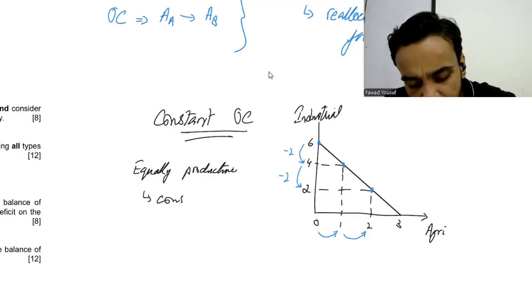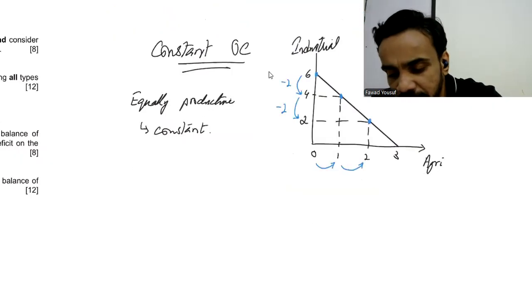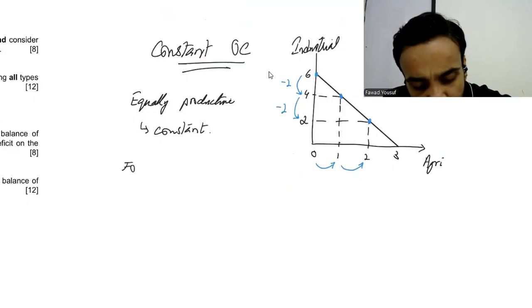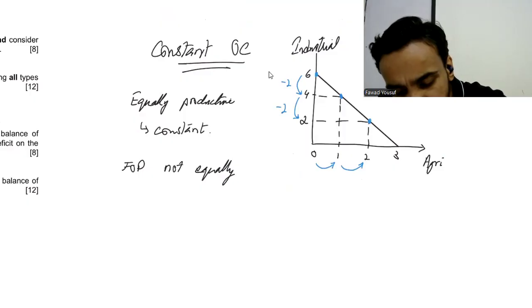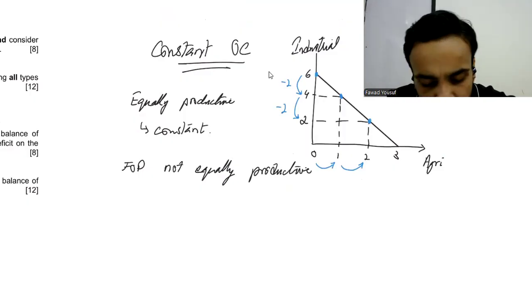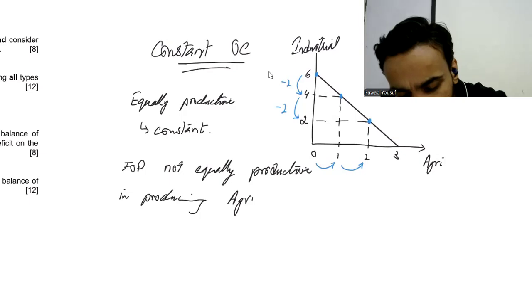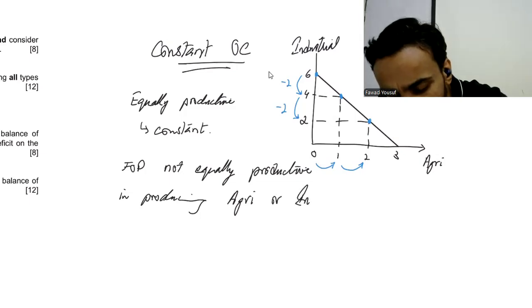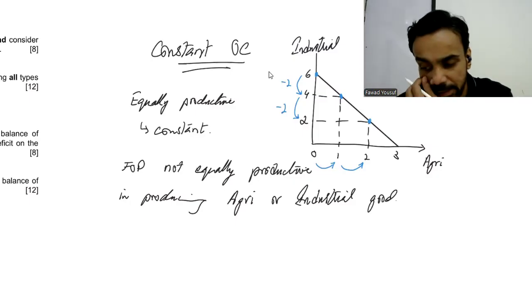Then there is no problem. But the reality is that the factors of production are not equally productive. Okay? They are not equally productive in producing agriculture or industrial goods. And what do we mean by that?